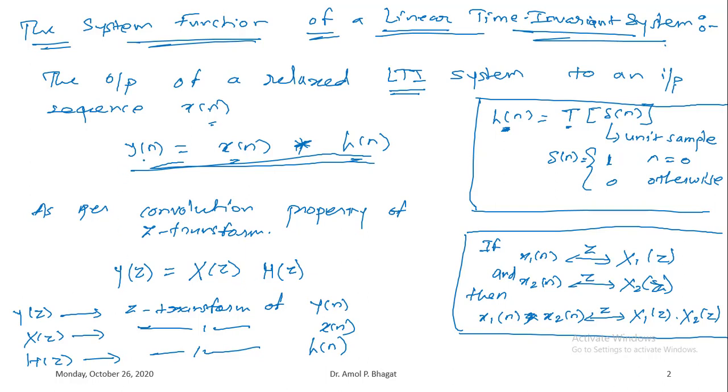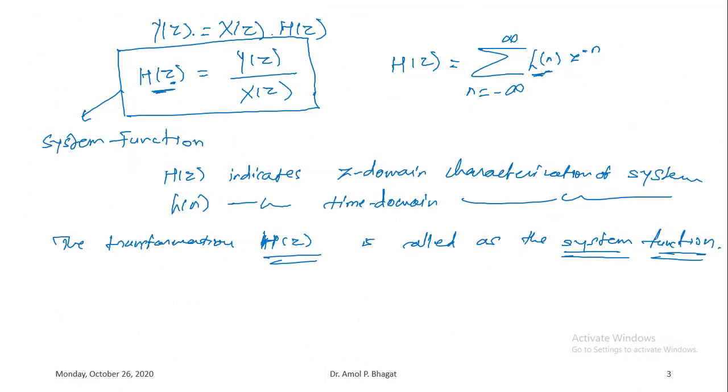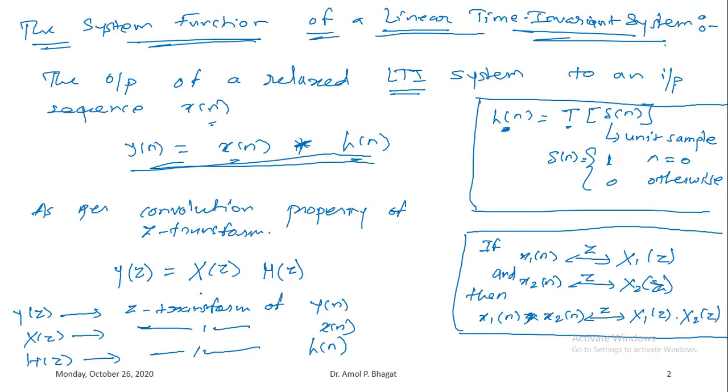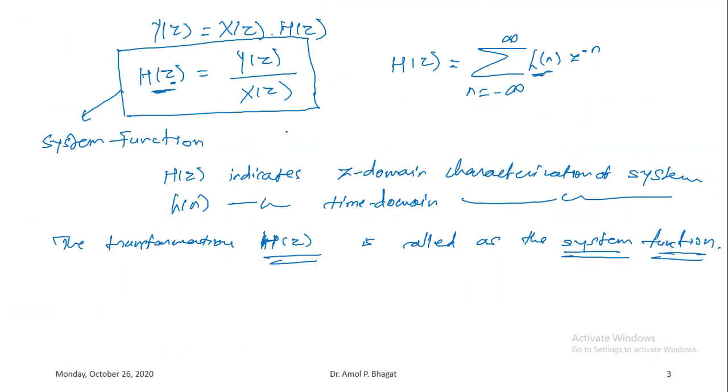Here Y of z is nothing but the z transform of y of n, and X of z is the z transform of input signal x of n, H of z is the z transform of impulse response h of n, right? And using this equation, Y of z is equal to X of z multiplied by H of z, we can identify the system function as H of z is equal to Y of z upon X of z.